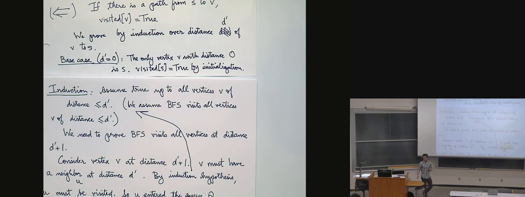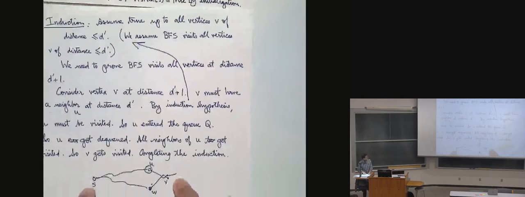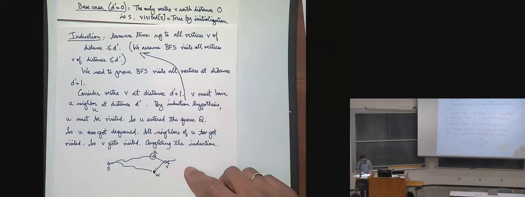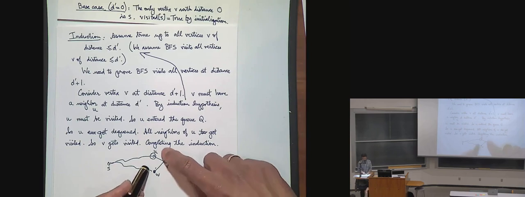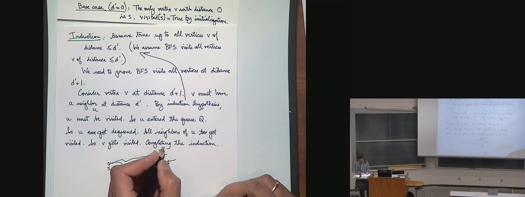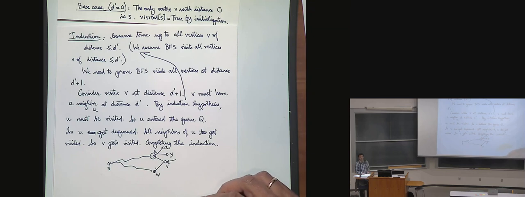Sorry, can we go back to the diagram? This one? Yeah. Just to clarify, when we say all neighbors of U get visited, if you had two other neighbors like X and Y, then we would be saying that definitely if V is visited, X and Y must have also been visited. Well, I would reason it differently.